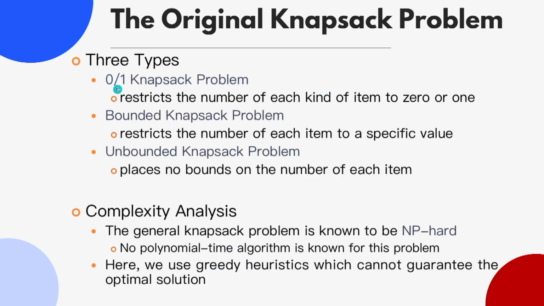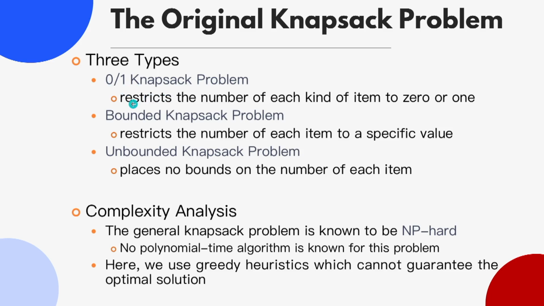One is the 0-1 knapsack problem, where you can take an item either as a full or not at all. We can't take only a fraction of an item; either the item is taken in full or we drop it, and so the name is 0 or 1. It restricts the number of each kind of item to either 0 or 1.